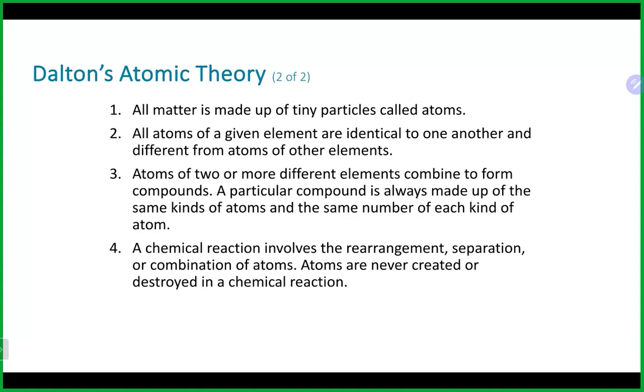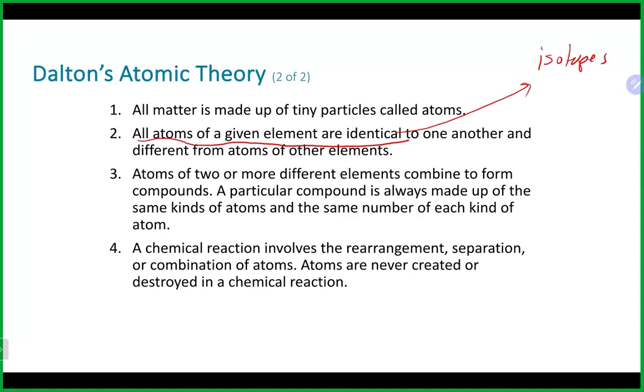He said that all atoms of a given element are identical to one another, and they are different than atoms of different elements. Part of that is correct, and part of it is not so correct. The part that's not so correct is that all atoms of a given element are identical to each other. The existence of isotopes disproves that idea.